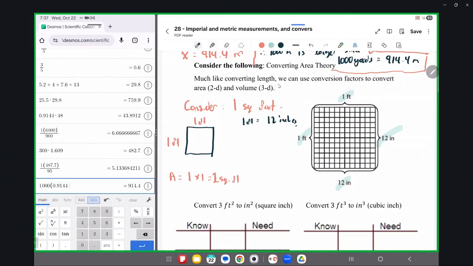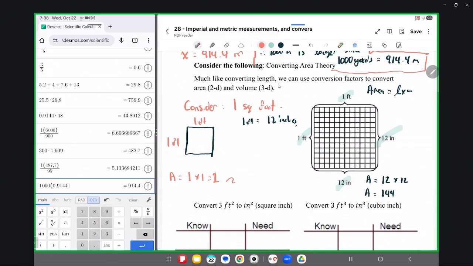We say area is equal to length times width. So the area for this is going to be not 1 times 1, but actually 12 times 12. So the area is going to be 144 inches squared.